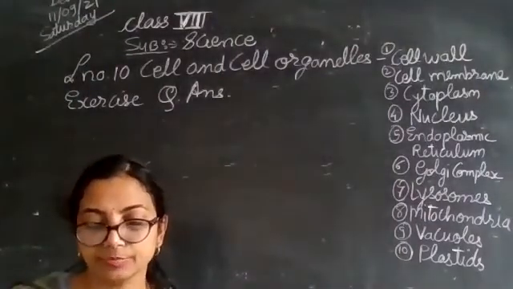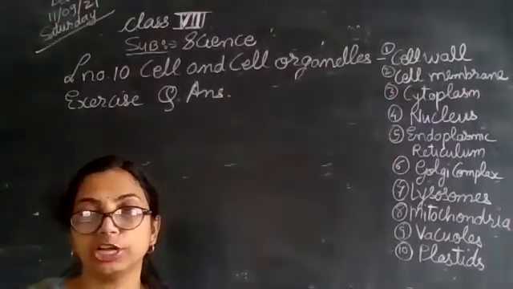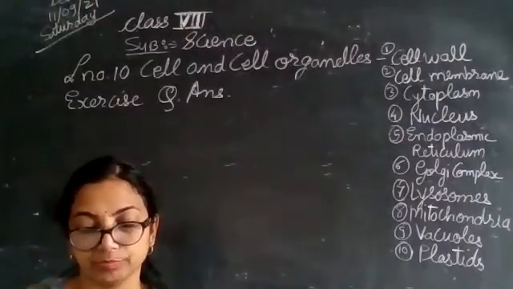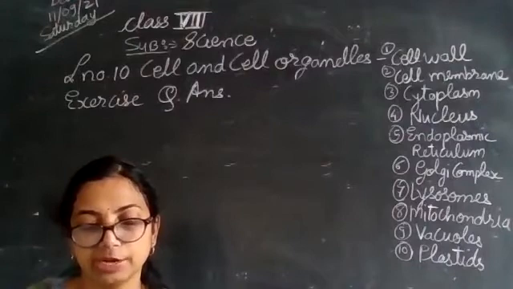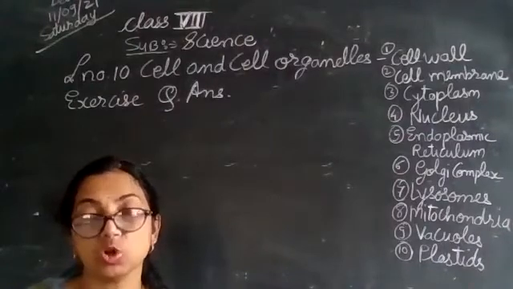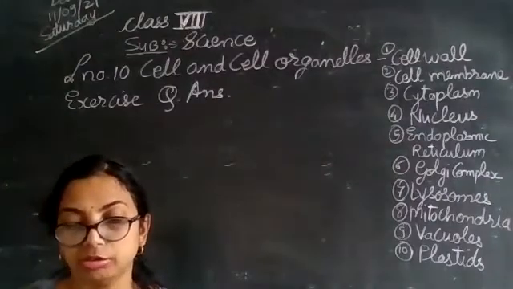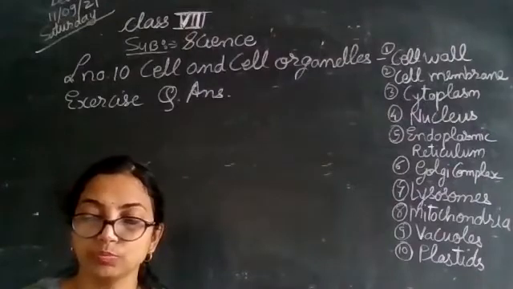And for carrot, the plastid pigment is carotene. Carotene name is important. Then the violet color is imparted by the pigment anthocyanin. Remember anthocyanin. Okay. So that's the match the following that you have to do.